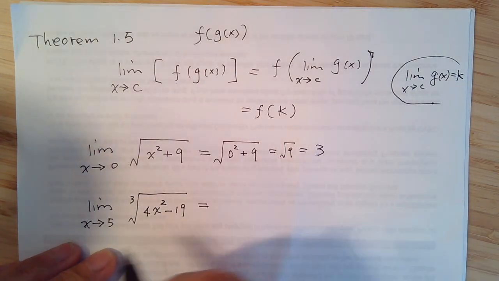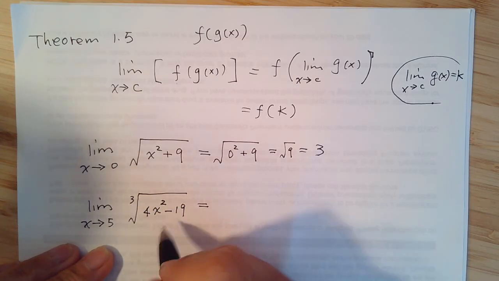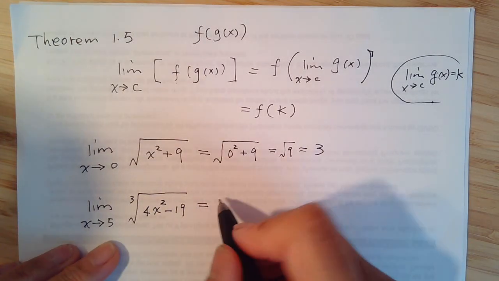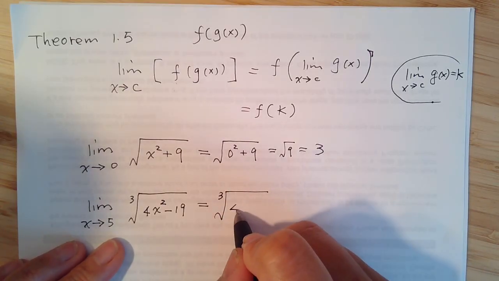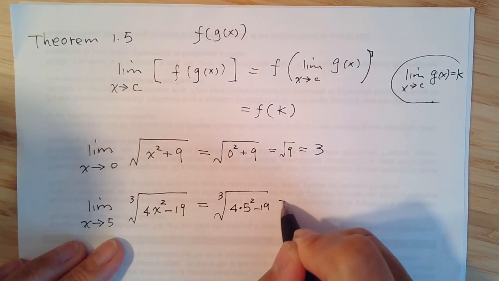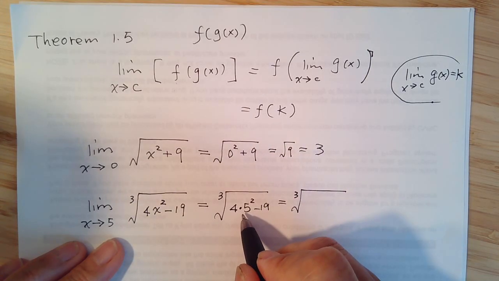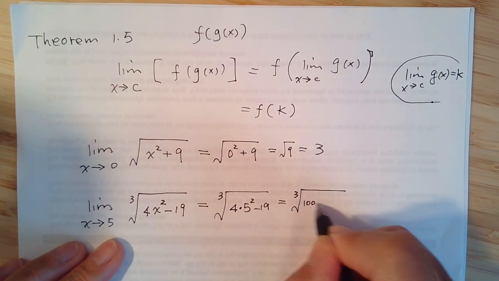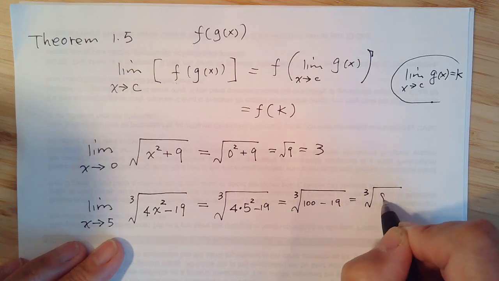Substitution. Cube root, that's my f. 4x squared minus 19, that's my g. So I just substitute. I get the cube root of 4 times 5 squared minus 19. 5 squared is 25, 4 times that is 100, minus 19 is 81. So the cube root of 81.